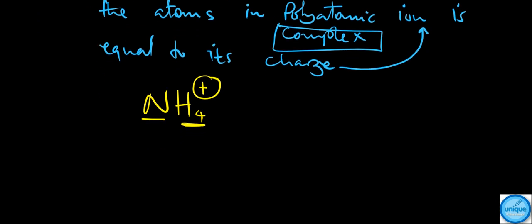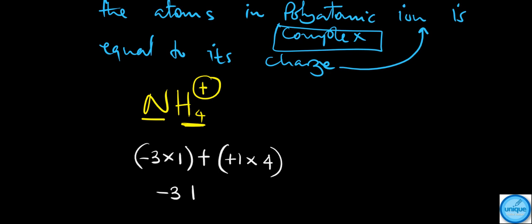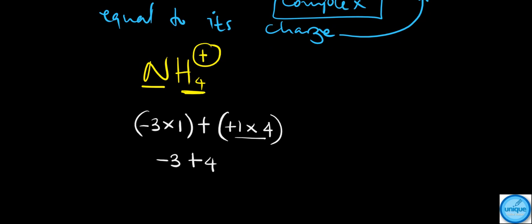For example, the oxidation number of nitrogen is -3. There is one, so times 1, then plus the oxidation number of hydrogen, which is +1, times 4 because there are 4. So we have -3 plus 4. If you add -3 plus 4, the answer is +1. So you can see that's the answer. With a polyatomic ion, just pick that charge.